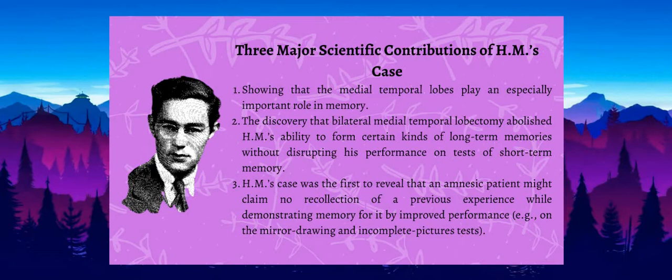The following three contributions proved to be particularly influential. So, first, by showing that the medial temporal lobes play an especially important role in memory, HM's case challenged the then prevalent view that memory functions are diffusely and equivalently distributed throughout the brain.